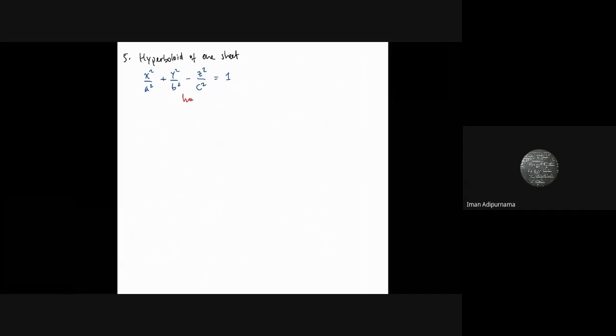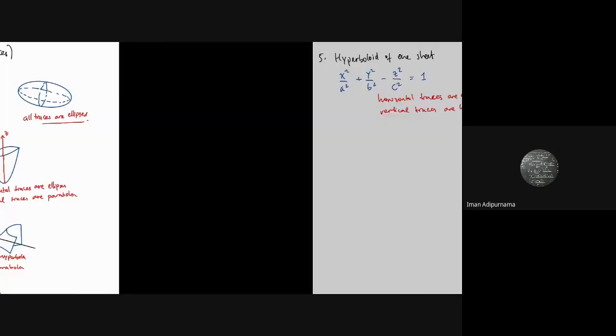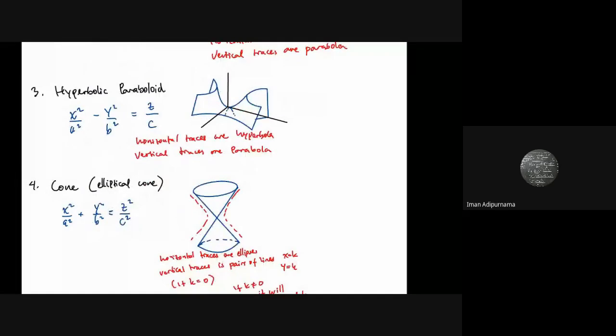So horizontal traces are ellipses. Vertical traces are hyperbolas. That's what I was talking about before. If you have a pair of lines, but it's changing, it will be a hyperbola, like what we will draw in the next page.